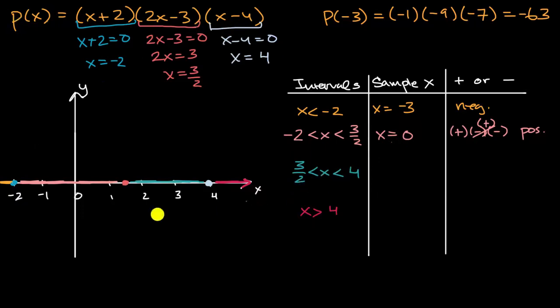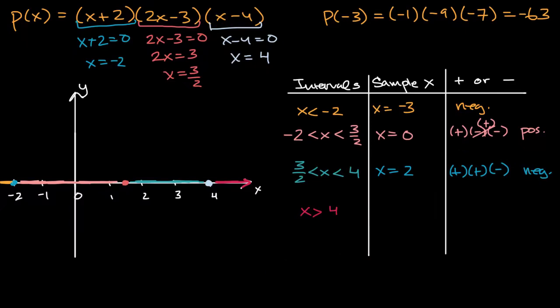Now, what about this next interval here between 3/2 and 4? We could try x is equal to 2. When x is equal to 2, we are going to get a positive times a positive times a 2 minus 4 is negative times a negative. So this is going to be negative over that interval.